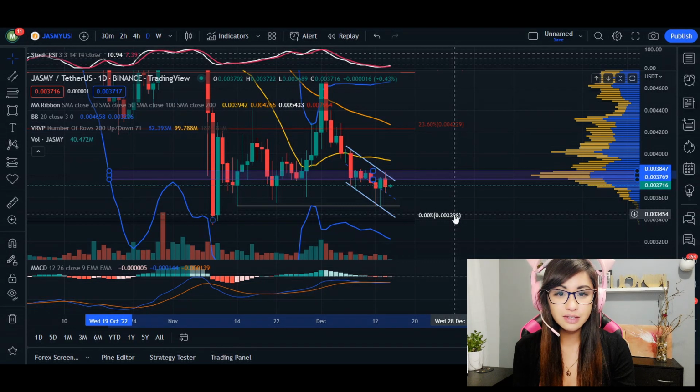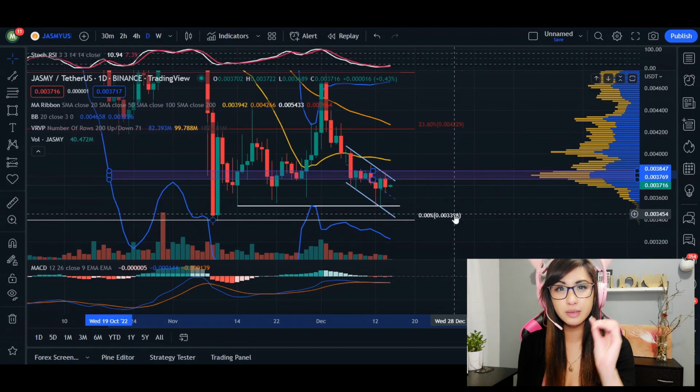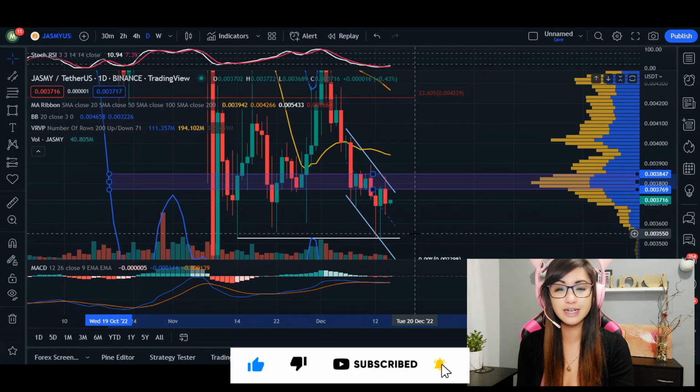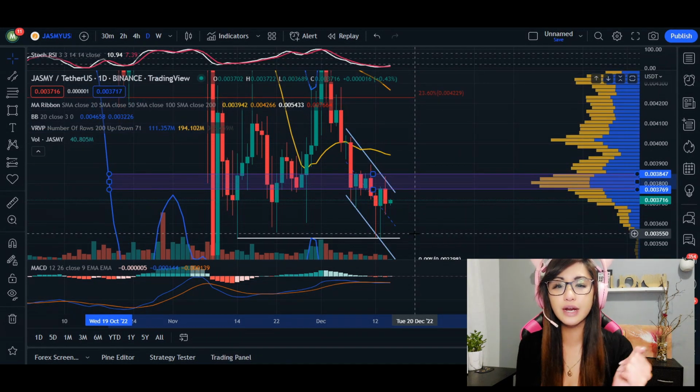So if the price for Jasmy again consolidates sideways in numerous candles on a 2-hour time frame, then essentially it's going to be retesting the area of resistance. We're going to see an expansion of this candlestick itself, coming up to an area of resistance.